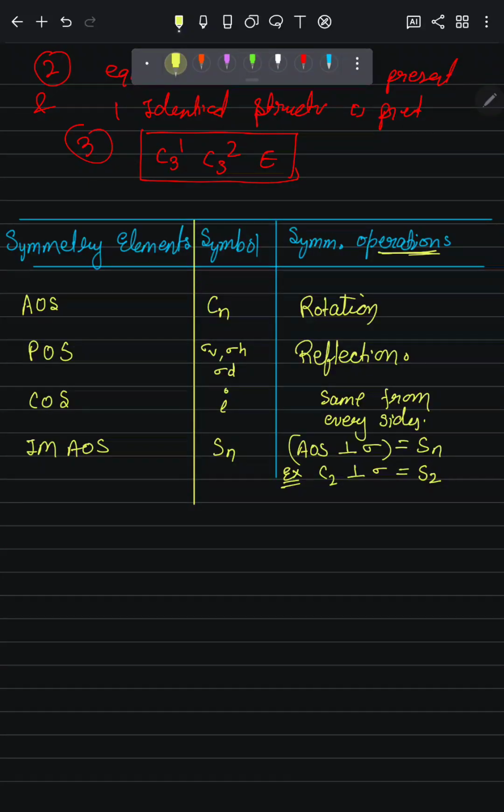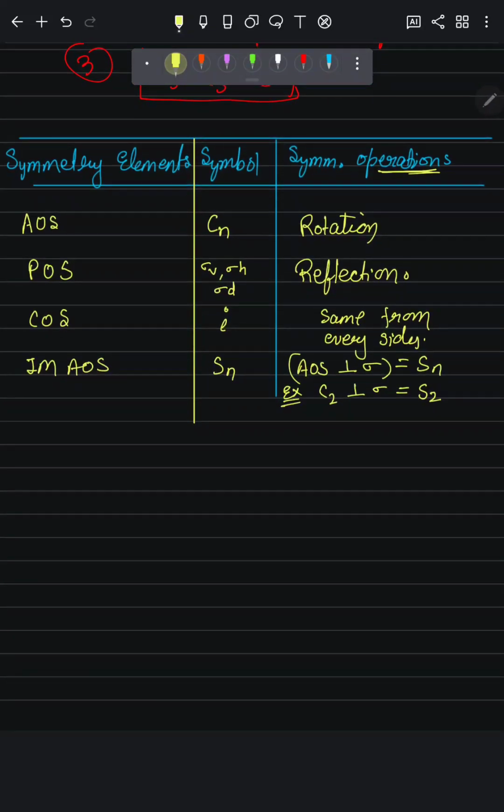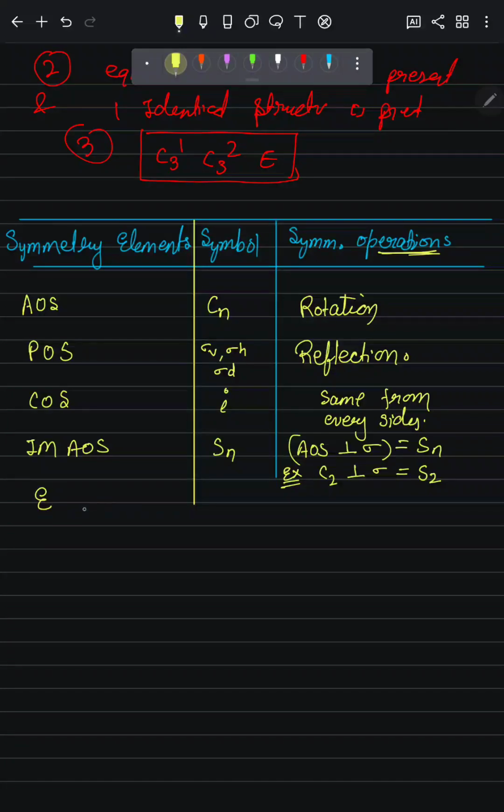And lastly, identity, which is present in every molecule. It means 360-degree rotation. Here no change happens to the molecule in the symmetry operation.